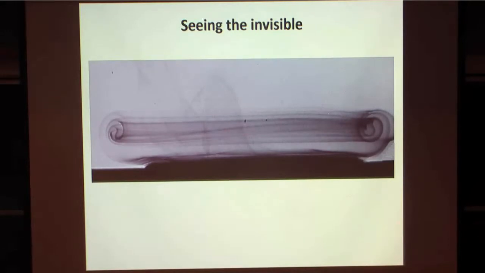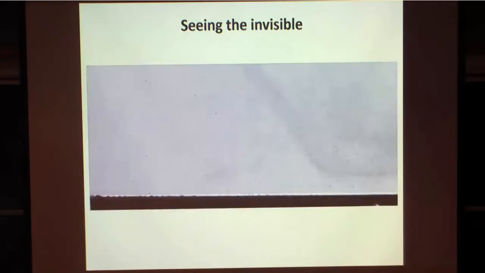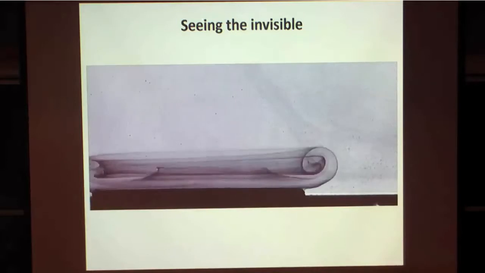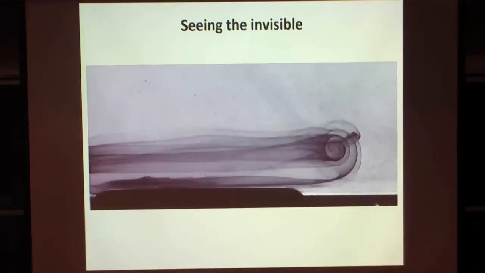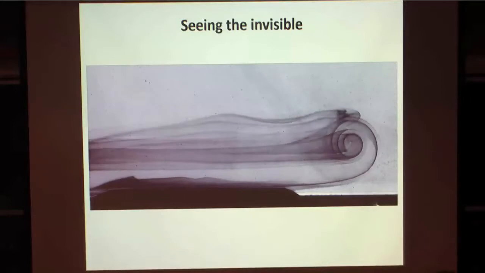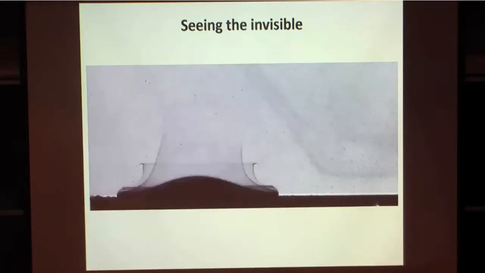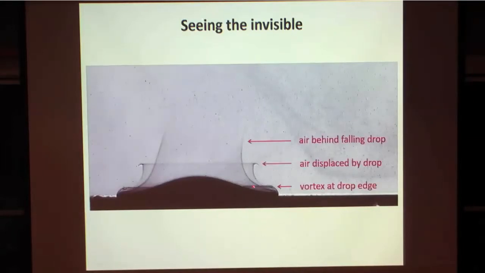And so we see this crazy dynamics going on in the air around these drops. Let's zoom in a little bit, see a different drop where again, we see these beautiful sheets occurring. I show you this again and stop the video right here to point out a couple things. What we actually see here is at least 3 contributions. Back here, we see the air behind the falling drop that gets put into motion as the drop falls through.